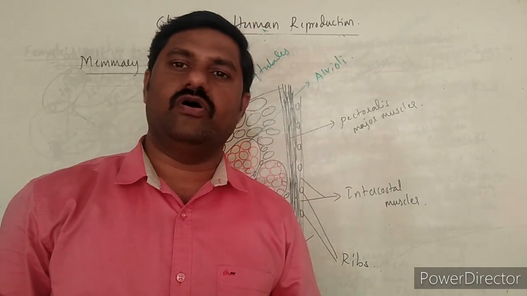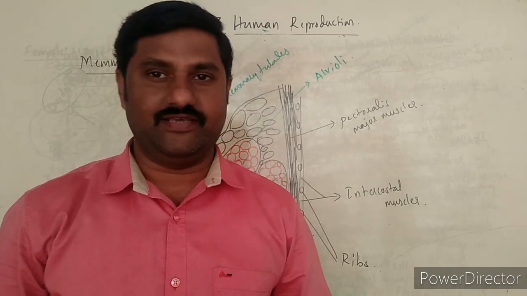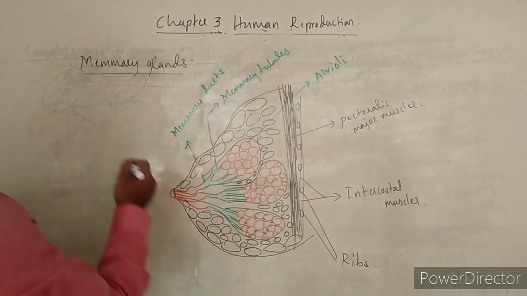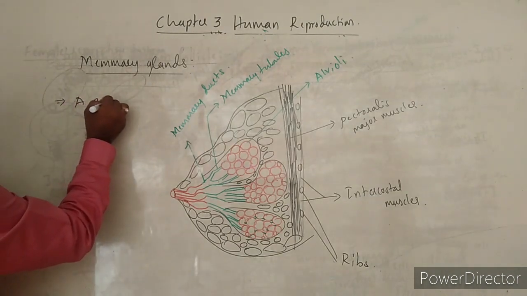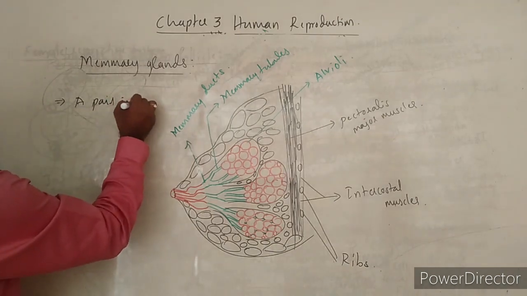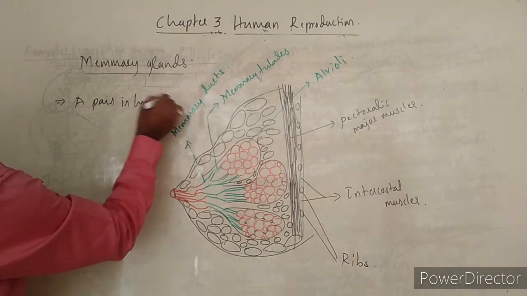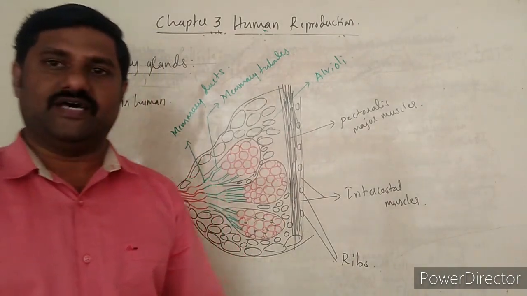Now I go on explaining every part and related things. See here, these mammary glands are a pair in human beings.